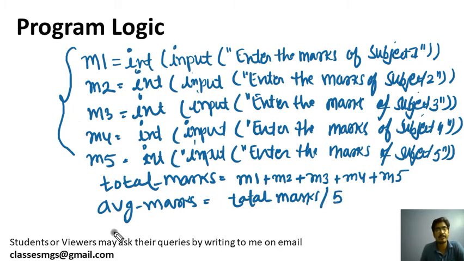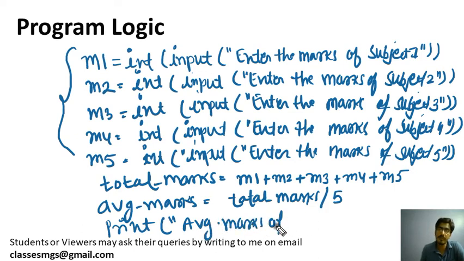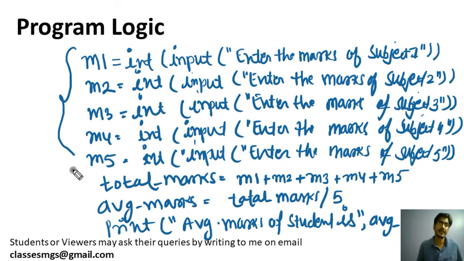So we will divide by 5, then we will print the output, "Average marks of student is", avg_marks. Like this you can write.